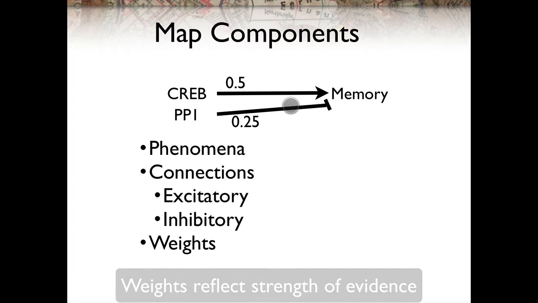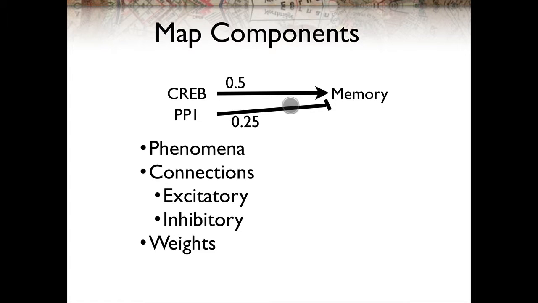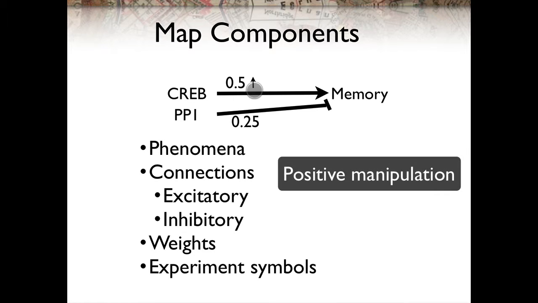So you have weights in these maps, and you also have experiment symbols. For example, this up arrow here tells you that one of the experiments that was done for testing and discovering this causal connection was a positive manipulation. This is an experiment where you increase the levels of CREB and then you look at memory. A negative manipulation, symbolized by this down arrow, is an experiment where you decrease the levels of CREB and you look at memory.